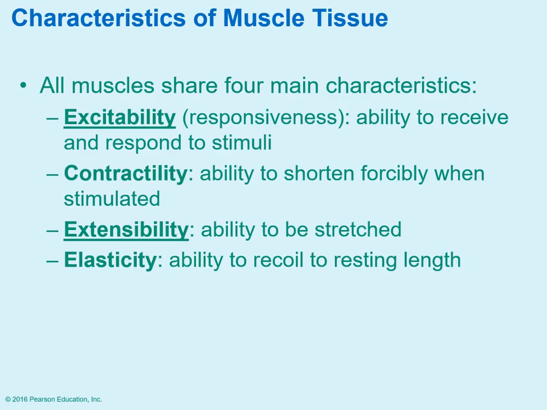Some characteristics of muscle tissue, of all of them, is that there are 4 main characteristics. Things such as excitability. That means it's able to receive a stimulus and respond to that stimulus. Contractility is the ability to very forcibly contract or shorten when it receives that stimulus.